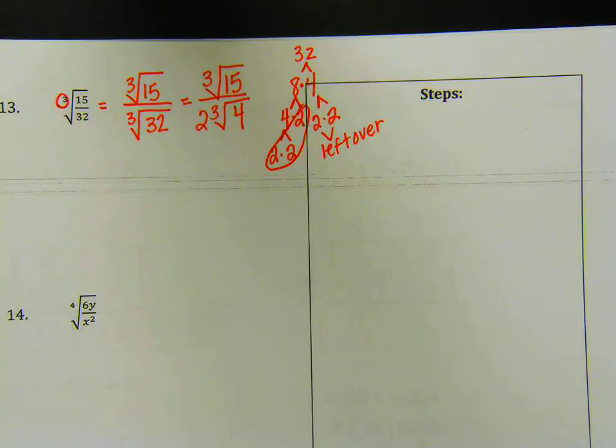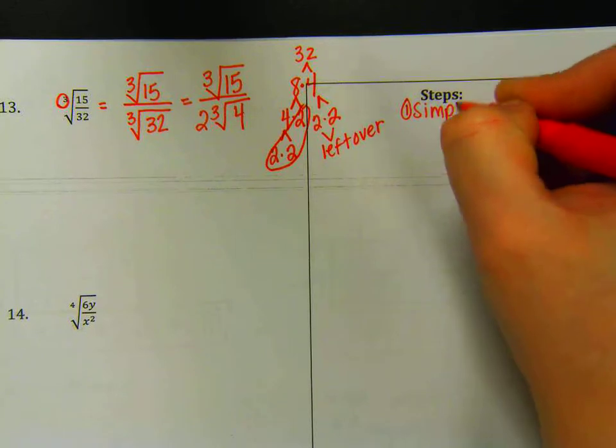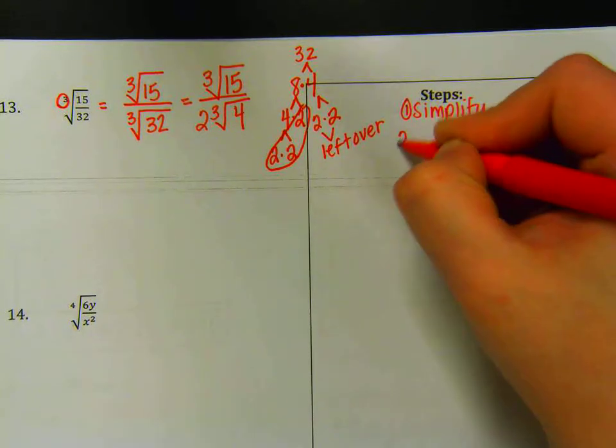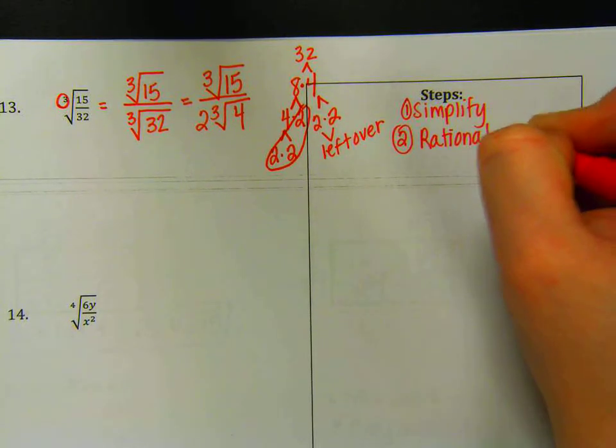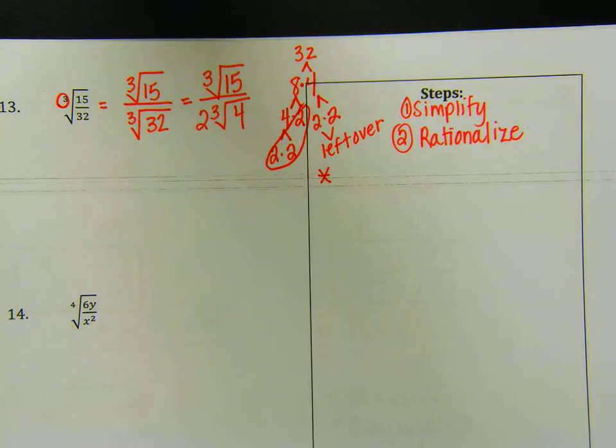Now here's where it gets a little bit, not more complicated really, it just changes. So since I have an index of 3, my first step was still to simplify. Second step is still to rationalize. Different. And I want you to star this, it's important. So since I have an index of 3, in order to rationalize the denominator, I need to make it so that there are 3 groups.